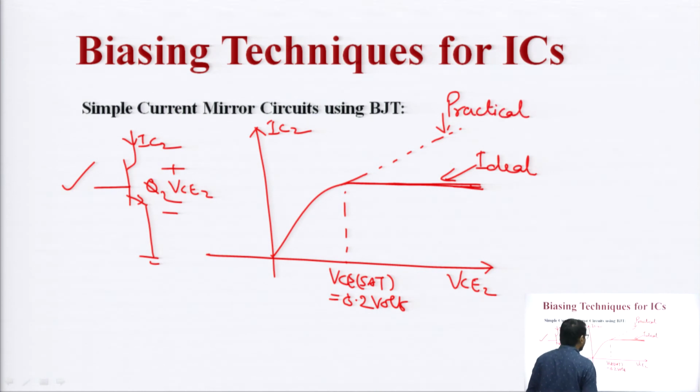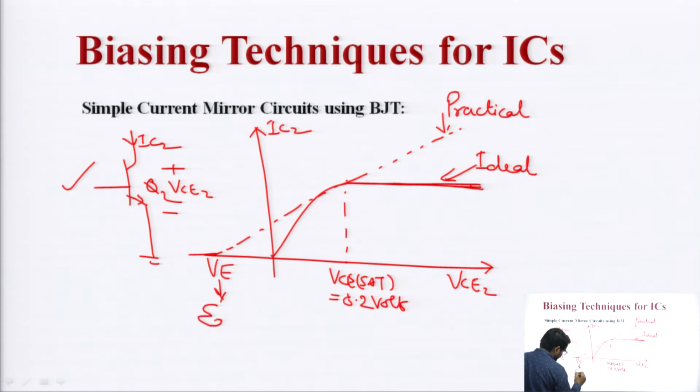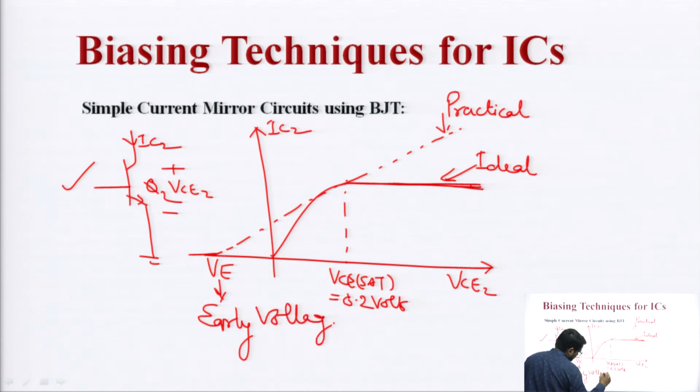If you draw a tangent, it will cut the x axis at some negative value of VCE2, and this negative value of VCE is defined as the early voltage.